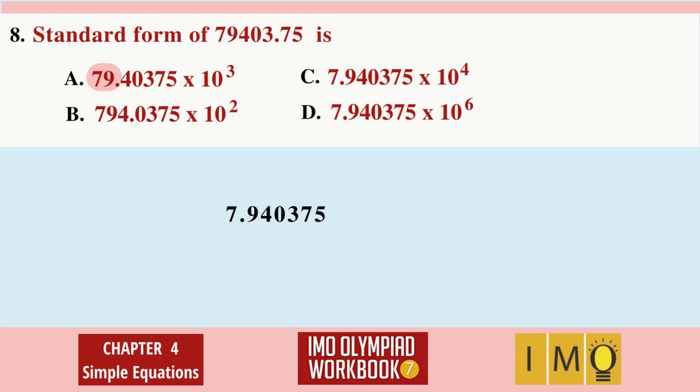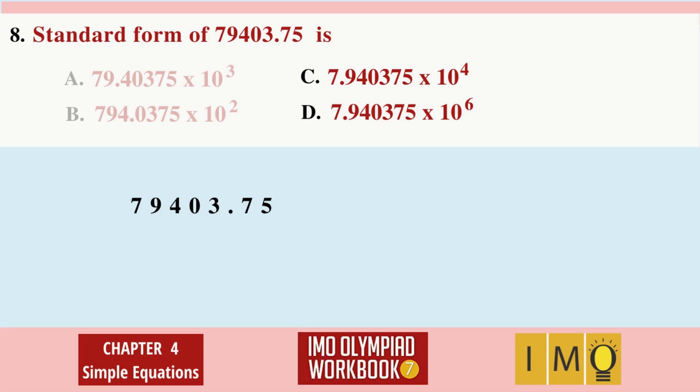In this case, A and B can be eliminated because A has 2 digits before the decimal point and option B has 3 digits before the decimal point. So options A and B are incorrect.